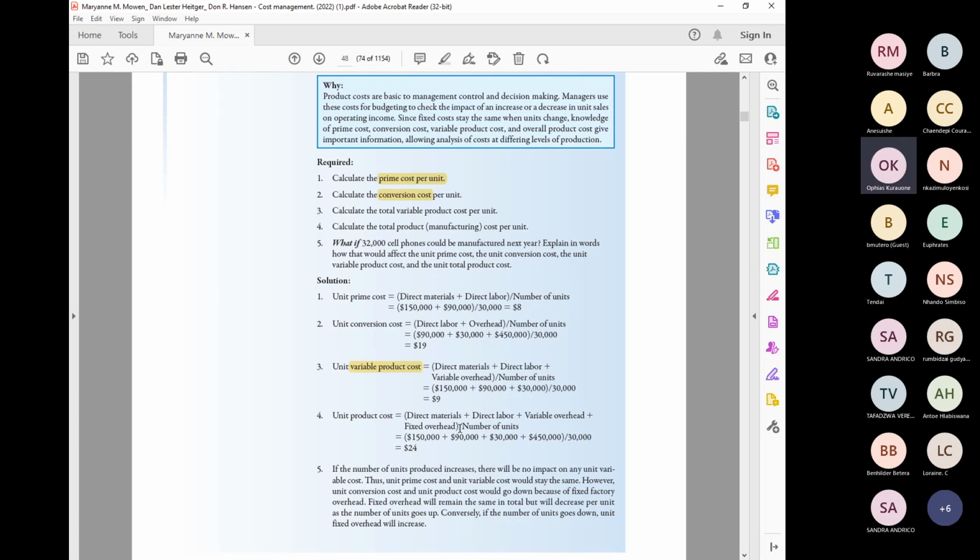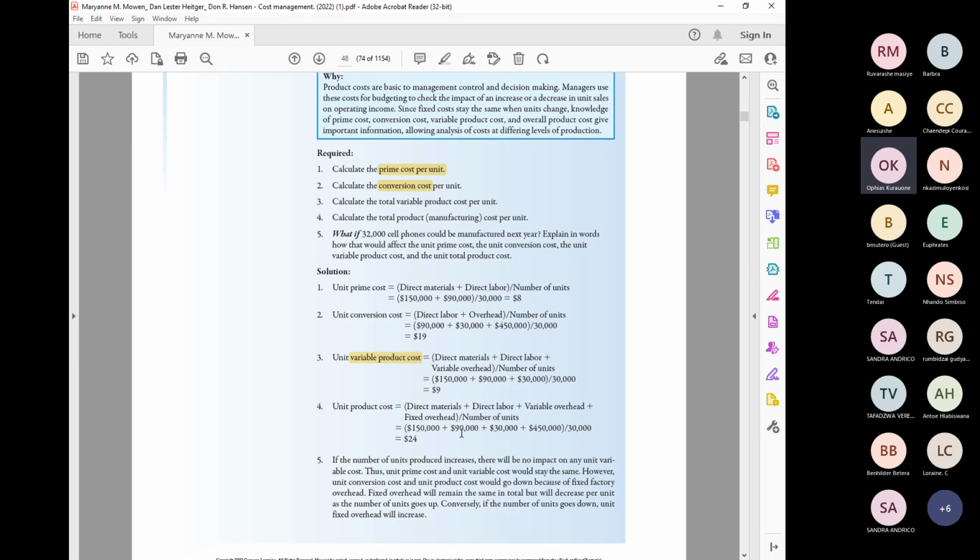That is critical. Then fixed costs remain the same, but you can flex these ones. Students are supposed to understand that concept. You can flex variable costs.